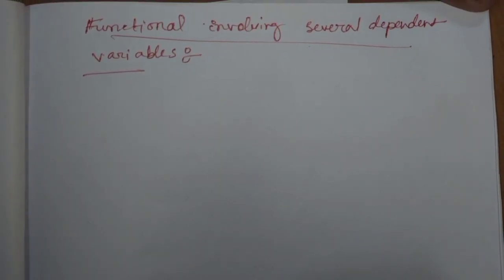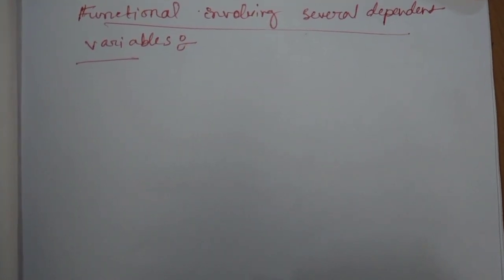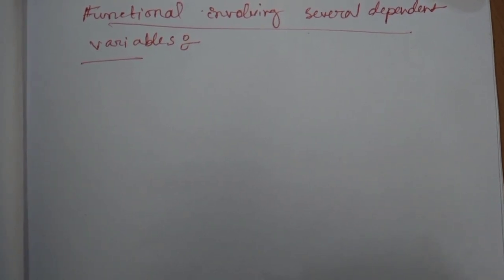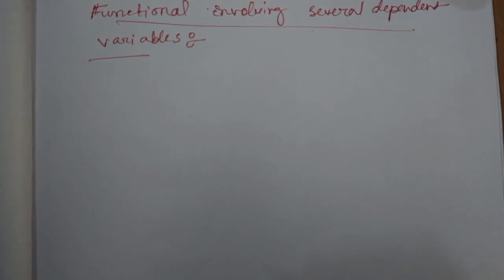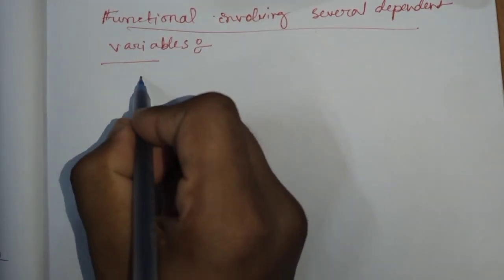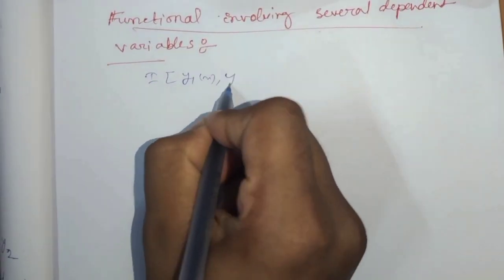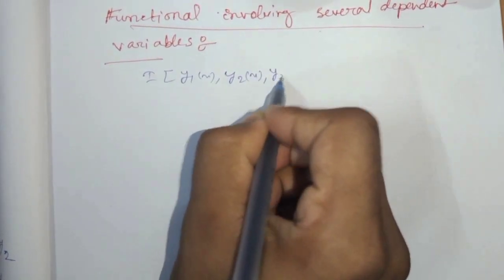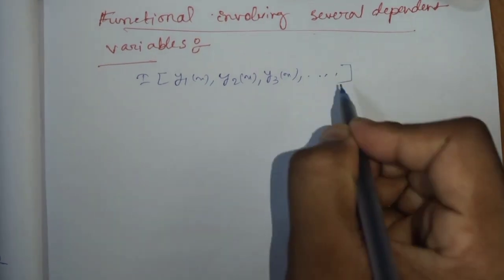Now one more type of problem that is very important regarding CSIR NET for calculus of variations is a functional having more than one variable. Here the functional is I of y1(x), y2(x), y3(x), and so on.